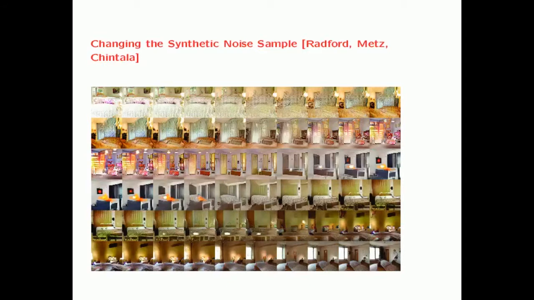So you can see that different portions of the synthetic input have different types of significance, so there is certain significance to what your Gaussian noise sample generates.